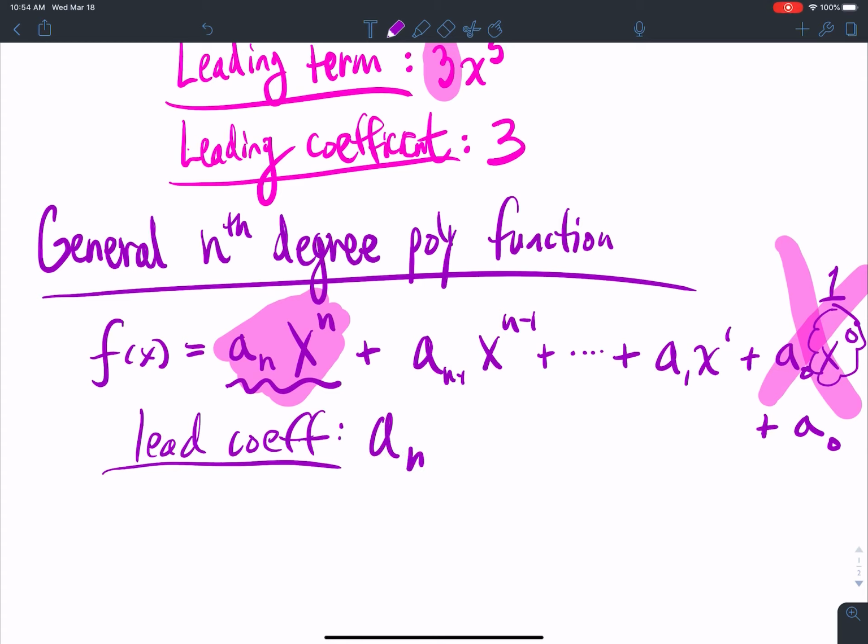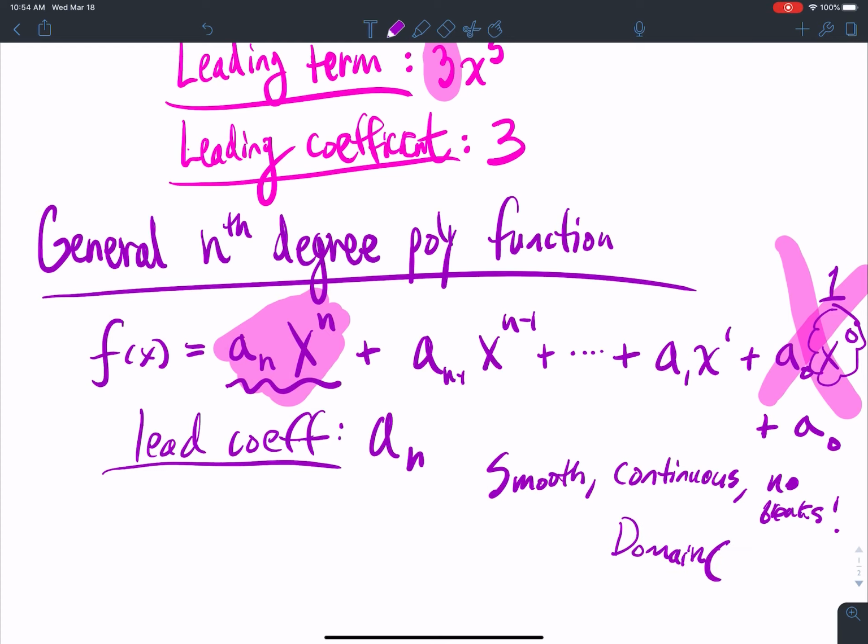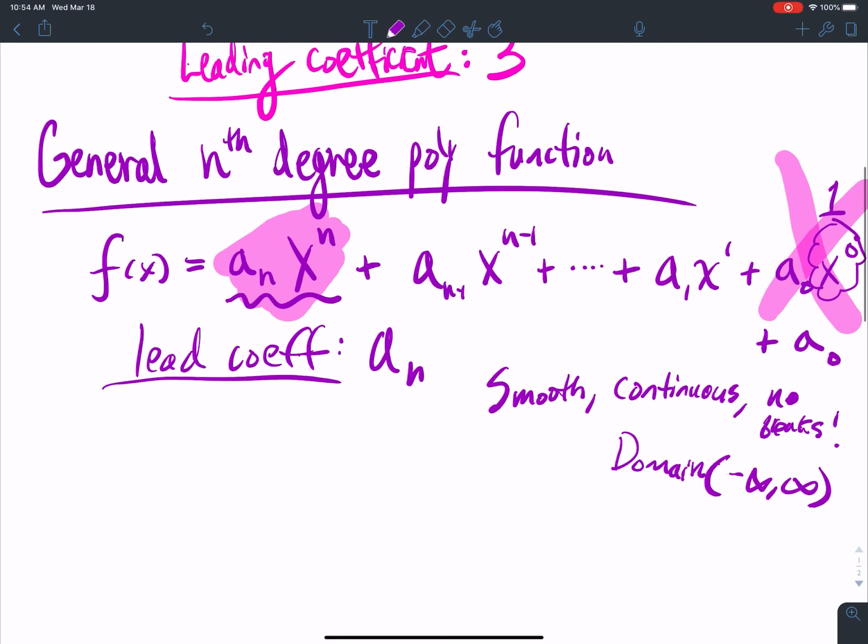All right. Things to know about polynomials: they're smooth, continuous, and there are no breaks. The domain for polynomials is negative infinity to positive infinity. Okay?